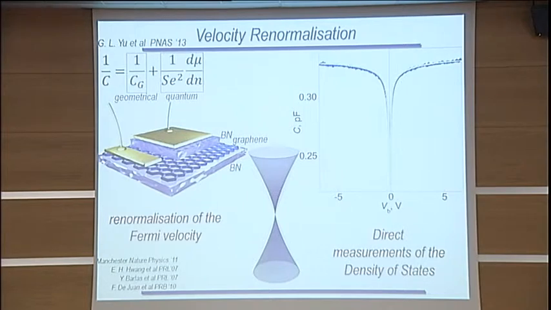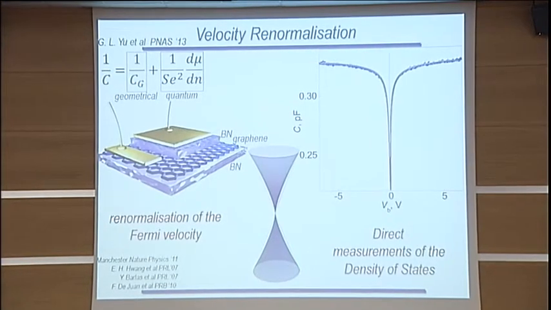However, what happens is that the density of states gets logarithmic corrections, and it basically diverges close to the Dirac point. In principle you can try to fit the same data by including these electron-electron interactions, and you won't see much difference on this scale.